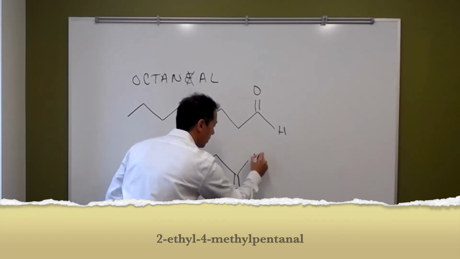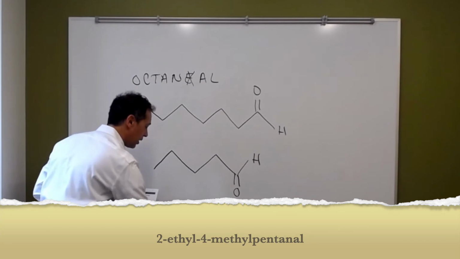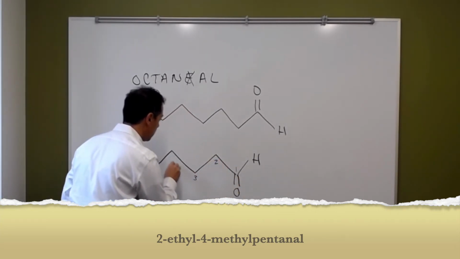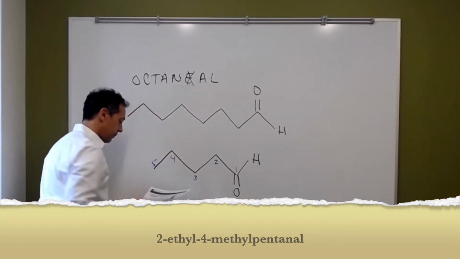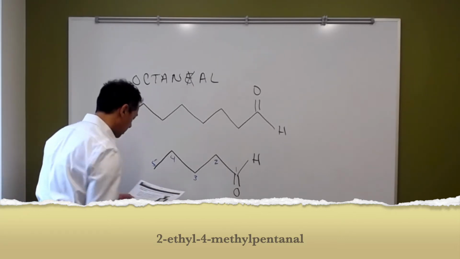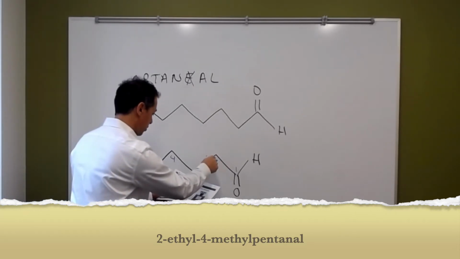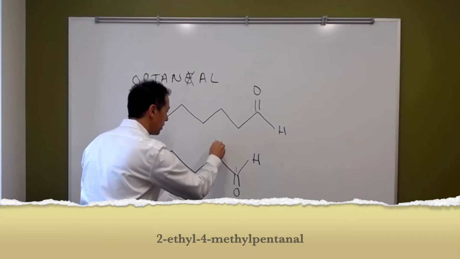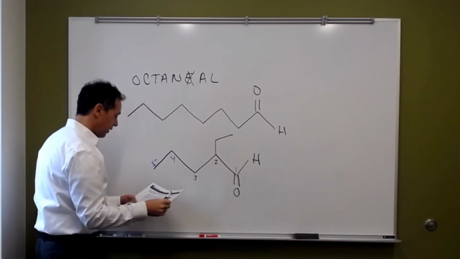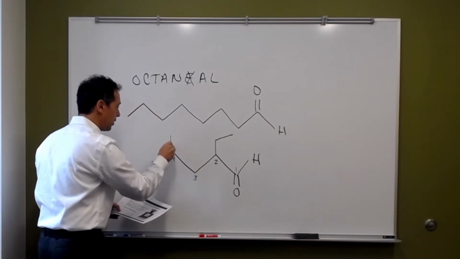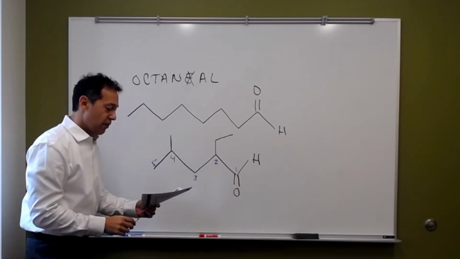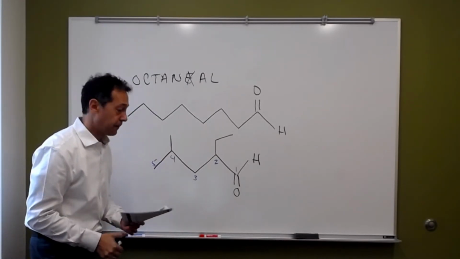Now I'm going to number this, 1, 2, 3, 4, 5. All right, and 2-ethyl-4-methyl. So 2-ethyl, here's 2. So I'm going to put 2 carbons on here, 1, 2. And then 4-methyl. Just going to add 1 carbon right there. Okay, 2-ethyl-4-methylpentanal.